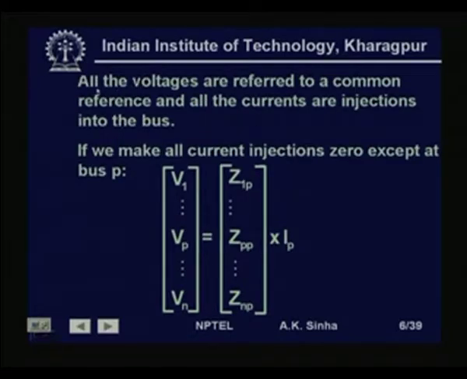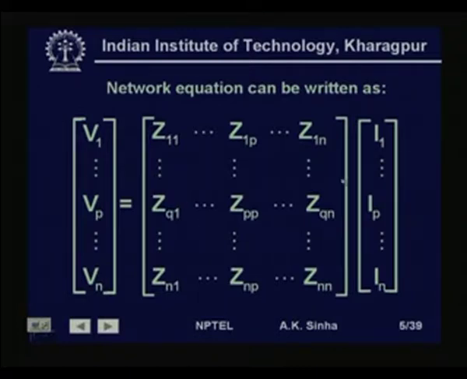Now, what we can do is this: if we make all current injections 0 except at the bus p, that is, if you see this relationship here, we make I1 up to Ip minus 1, and Ip plus 1 to In as 0, that is, except Ip we make all these current injections into the network 0, then V1 will be equal to Z1p into Ip, because all the other terms are getting multiplied by 0.